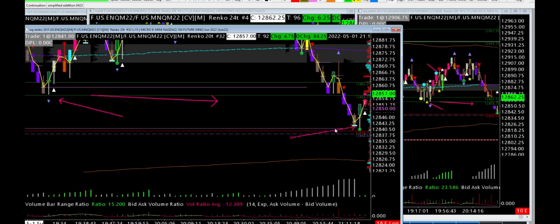That's a study that Ed shared with me, which is also pretty neat. He's got that available for free. And that's telling me that the sellers are actually exhausted. What I love doing with these exhaustion lines is waiting for price to trade beyond it and then close above it, just like this. So they got exhausted, the sellers.